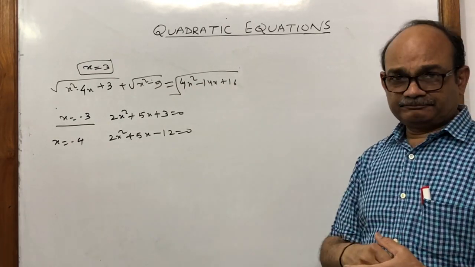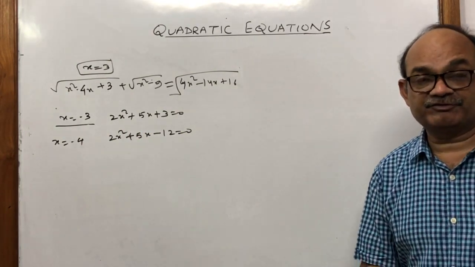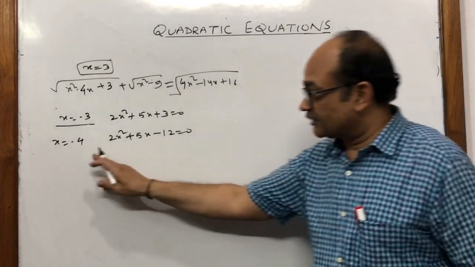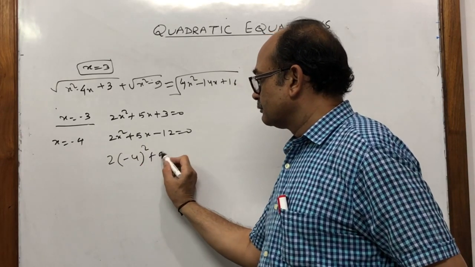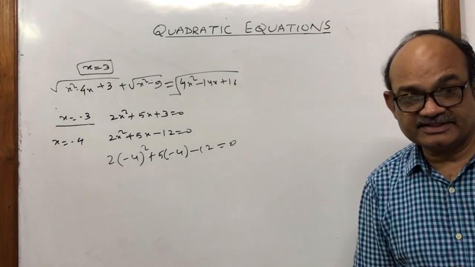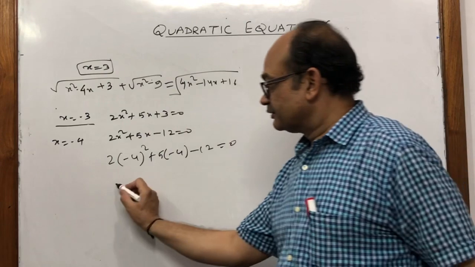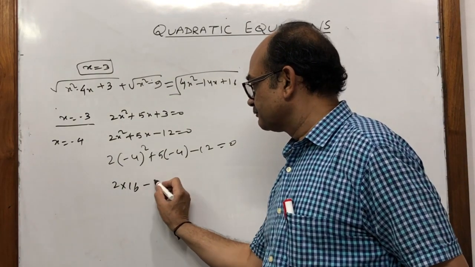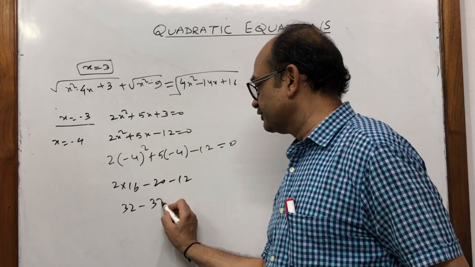Answers are given. You have to check whether these are the correct answers of these quadratic equations or not. So first we start from the last. Put minus 4. If the right hand side comes 0, then we say that yes, it is an answer, otherwise it is not a root. So first 2 into 16, 5 into 4 is 20, 12: 32 and 32.